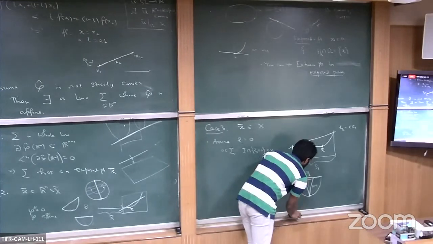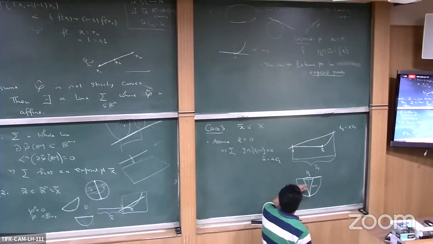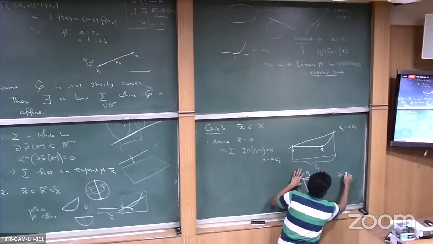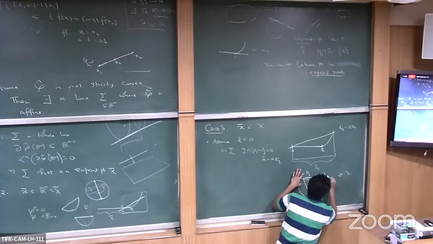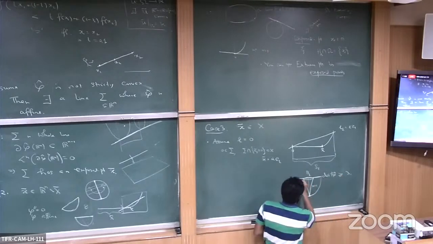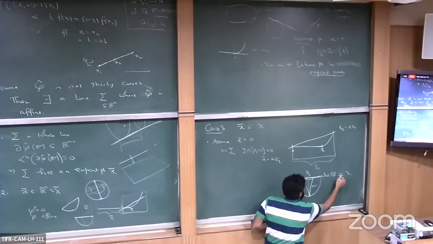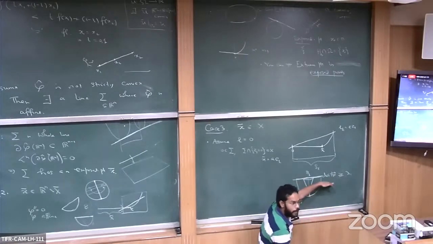So the point is that your Monge-Ampère parameter stays bounded away from lambda. So the minimum point, if it vanishes on this line, you have a modulus of convexity, bounded above. So the minimum cannot be too small.